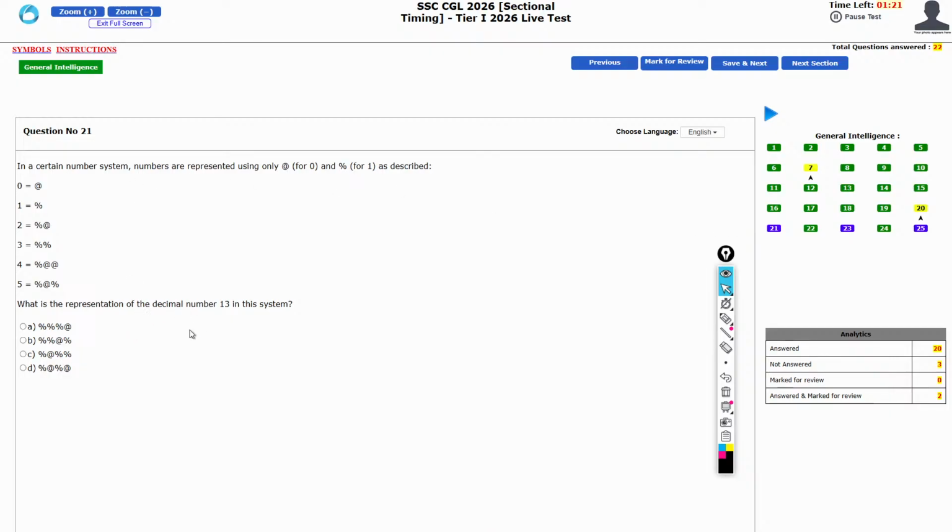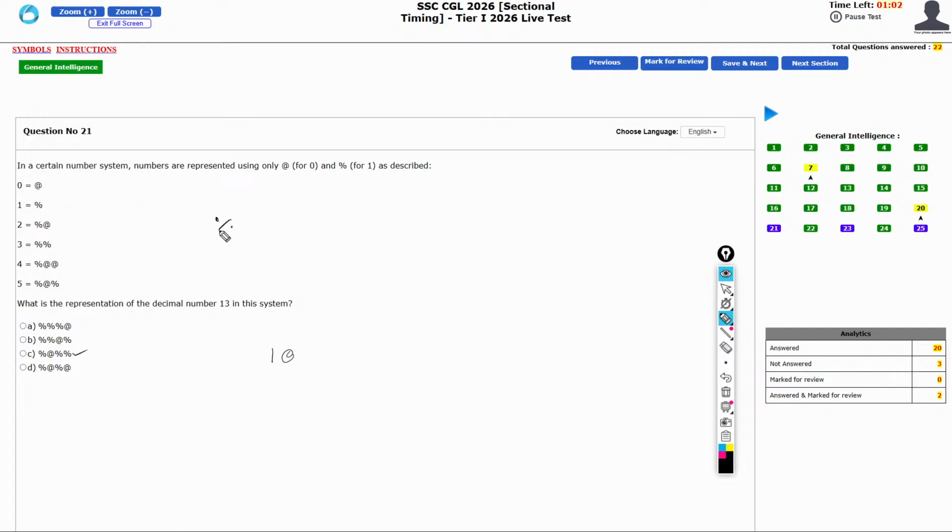In the decimal number, right? So 1 percentage at the rate. I think only this one should be like that. 13, right?